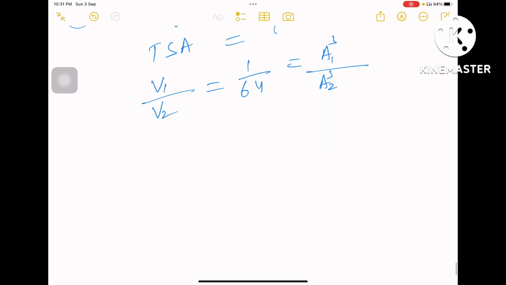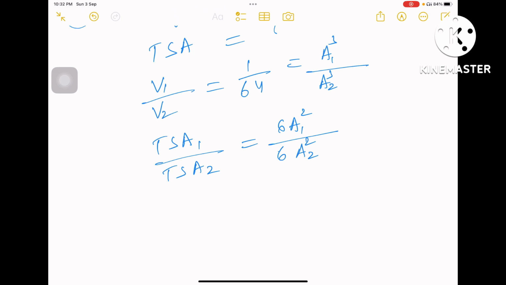Now TSA1 by TSA2 will be 6 A1 square divided by 6 A2 square. Total surface area of a cube is 6A, that is 6 into side square.